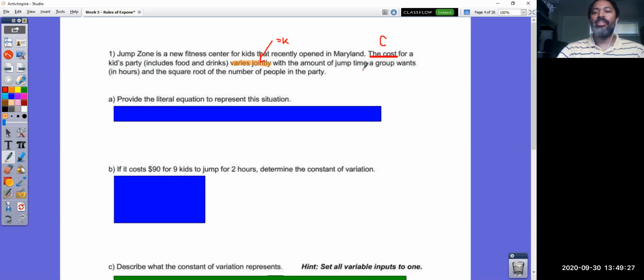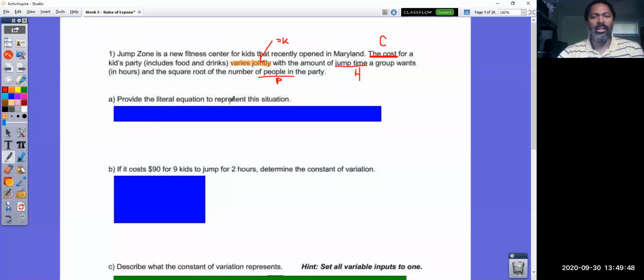With the amount of jump time a group wants in hours. So the jump time is one independent variable. I'm going to use h here, hours, and the square root of the number of people in the party. I'm going to use p for the number of people. Provide a literal equation to represent this situation.